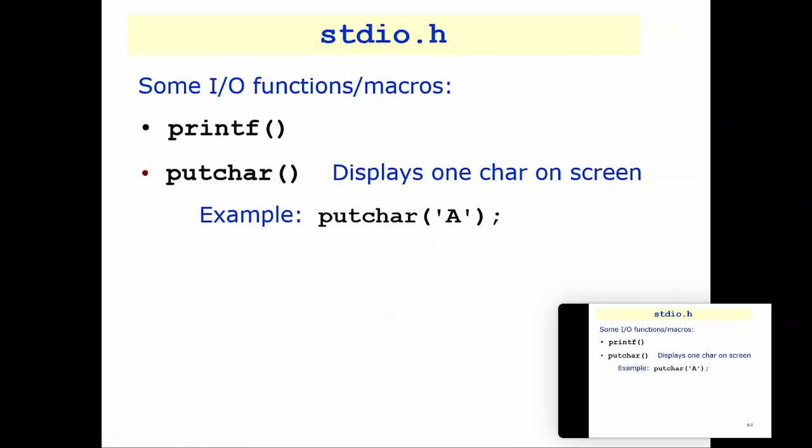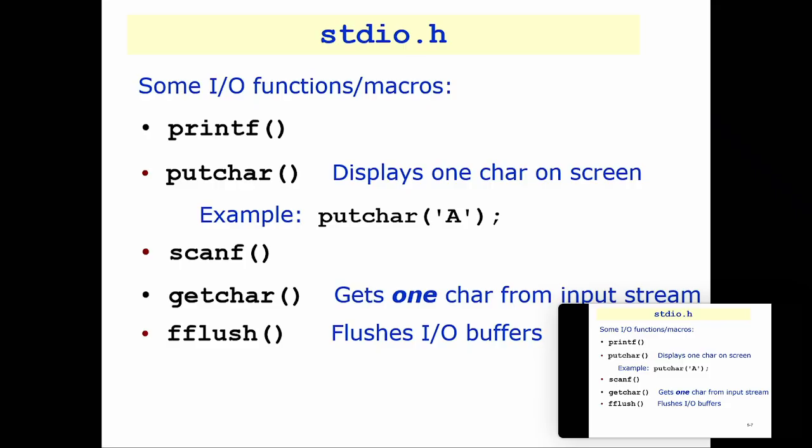Okay, stdio has a lot of functions about input and output. This printf, yes, you already use a lot, right? Then what about putchar? Putchar means you can display one character on the screen. For example, putchar, parentheses, and single quotation mark uppercase A. Then you will display uppercase A on your screen.